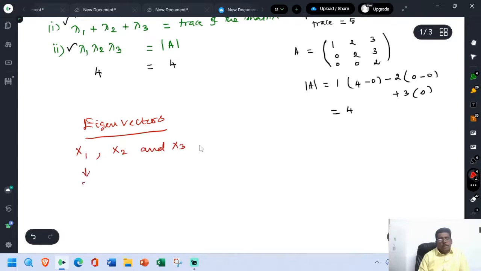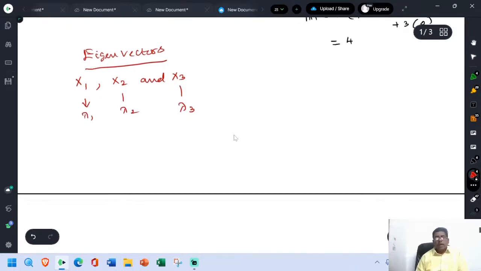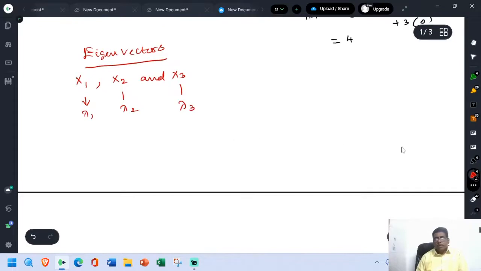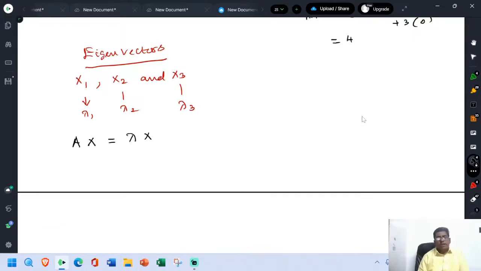These all correspond to lambda 1, lambda 2 and lambda 3. Now take the general equation A into x equal to lambda into x. With the help of this equation alone, we have to find the eigenvectors.